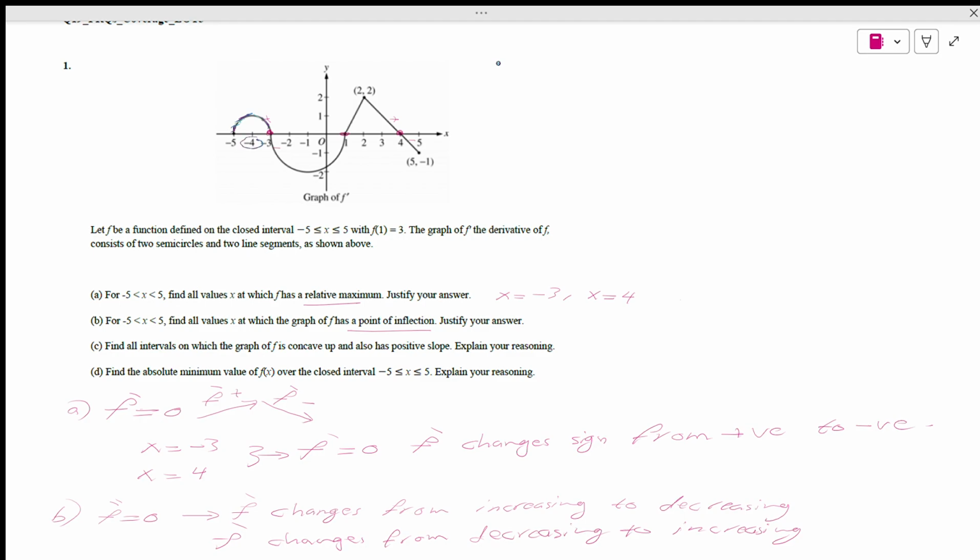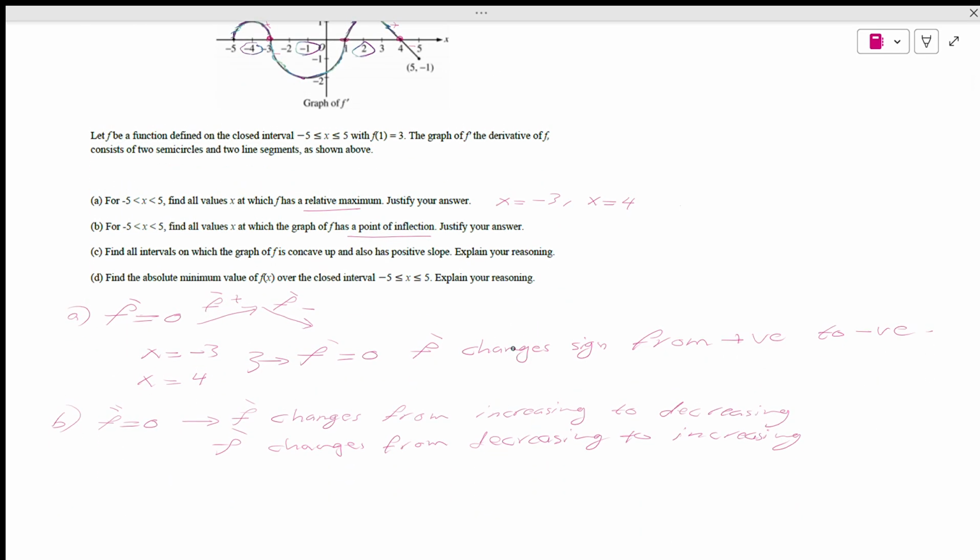At x equals -4 it was decreasing, and then it's increasing. So at x equals -1. And also here f prime was increasing, and then decreasing, so at 2.